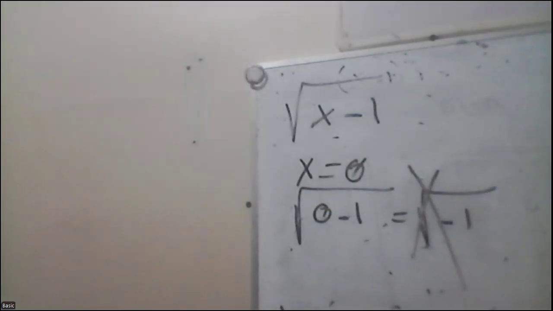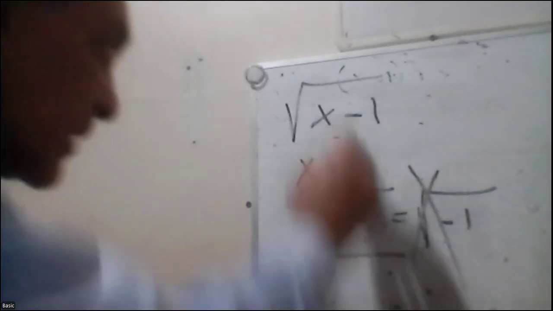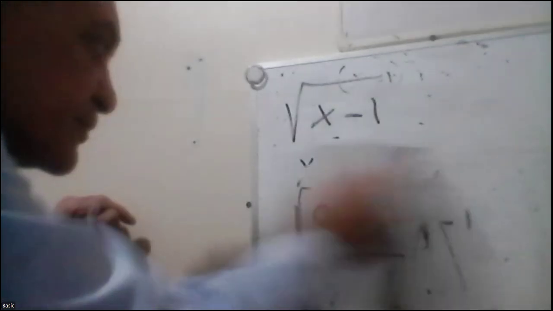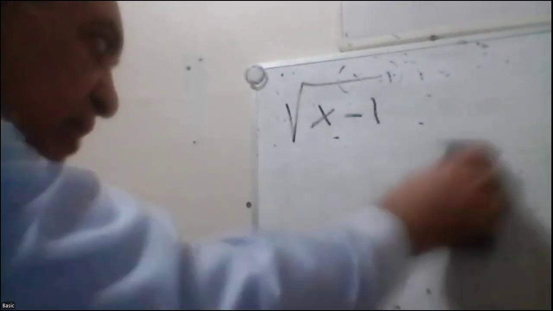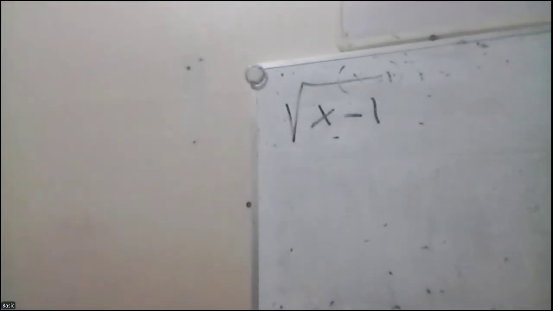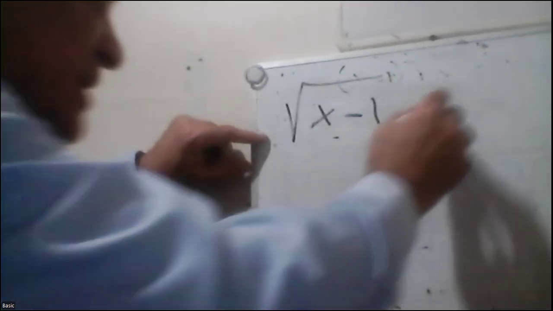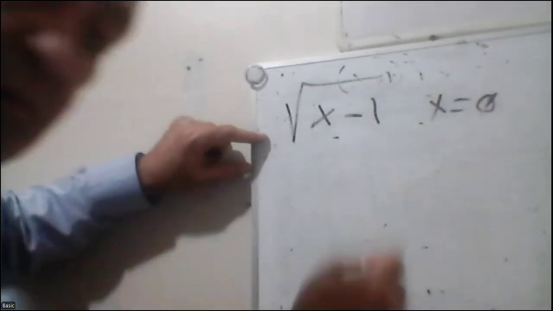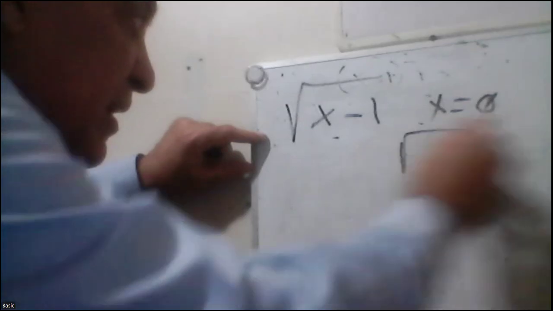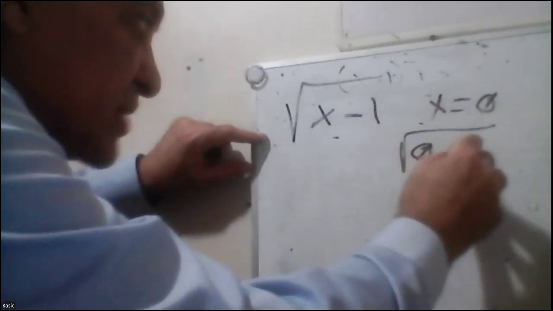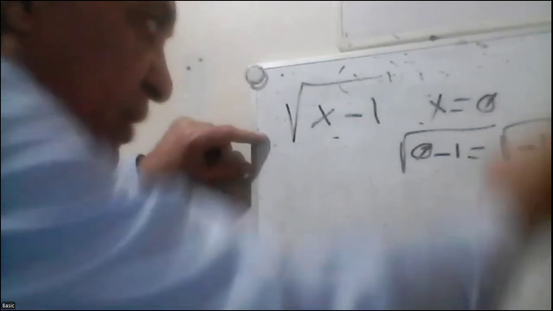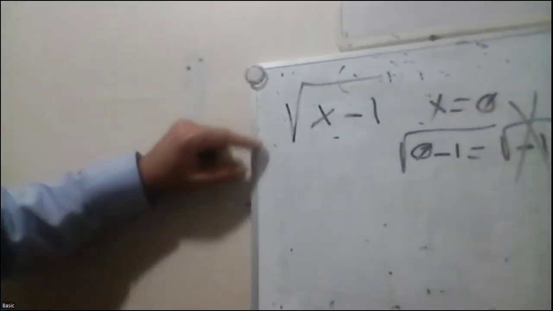But if I suppose now that x will start from 1, we said 0, no, because under the root it will be negative, and we don't want a negative under the root. If x equals 0, then this will be the root of 0 minus 1, the root of minus 1, which is not accepted.